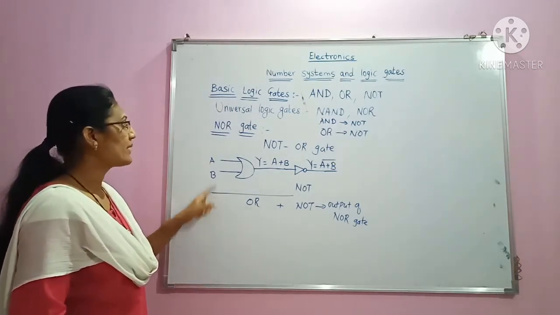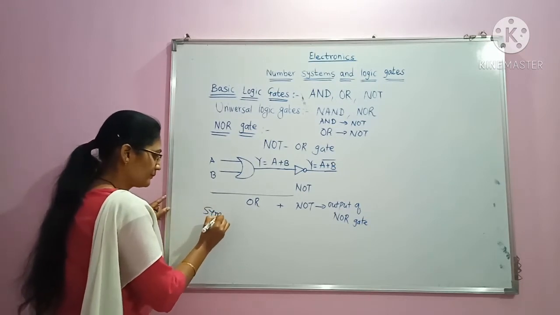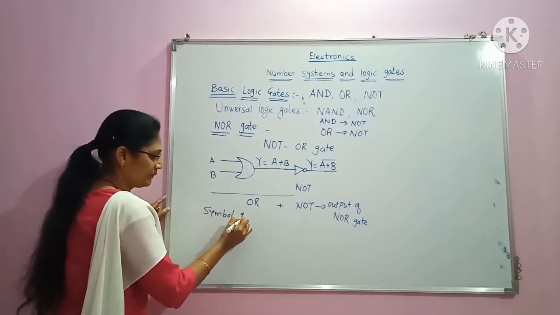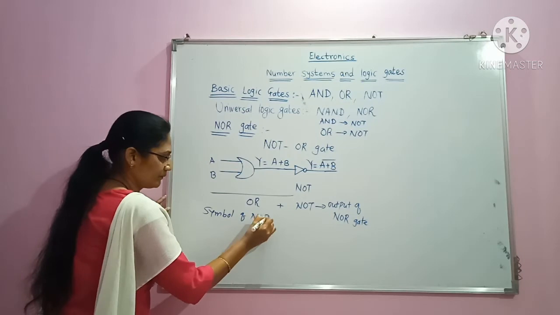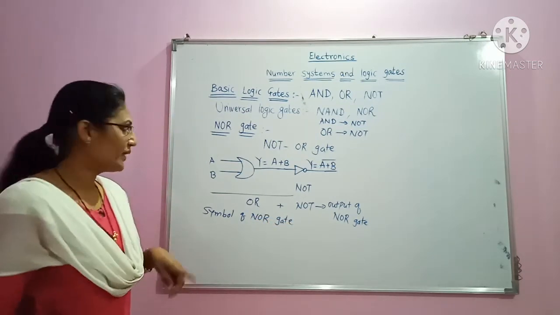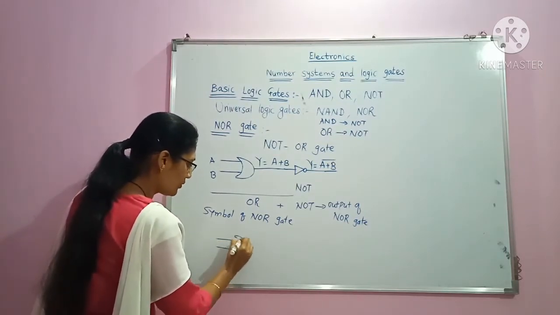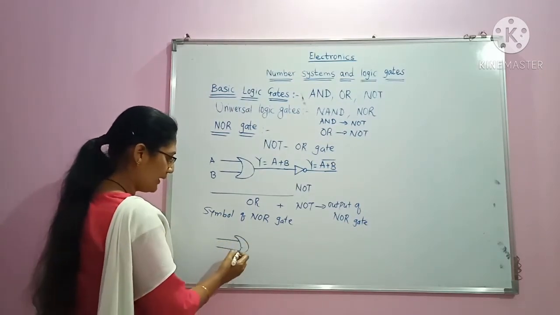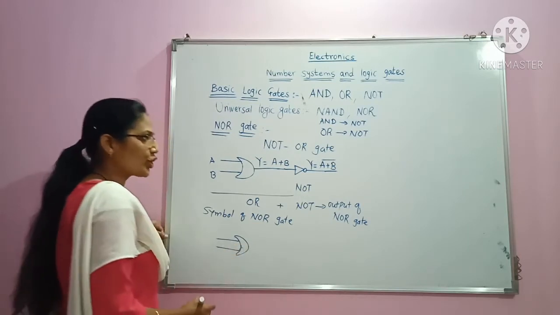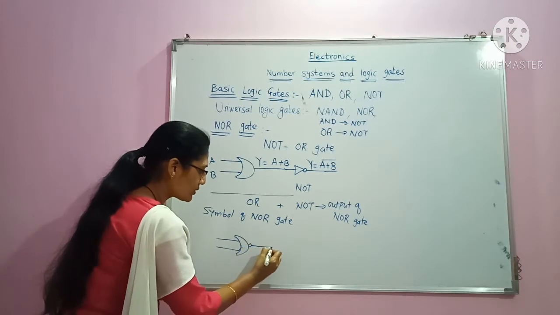Now how to represent the NOR gate symbol? It is similar to the OR gate, only as a representation of a NOT gate I have to put a hollow circle here.